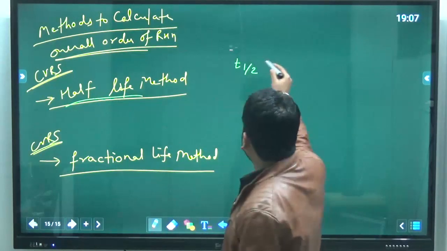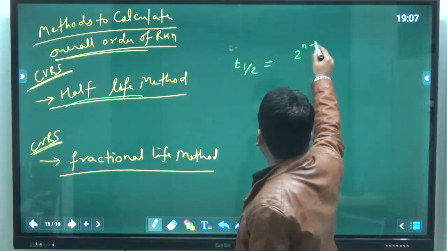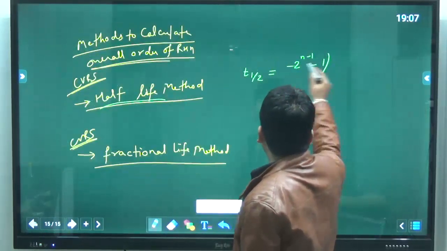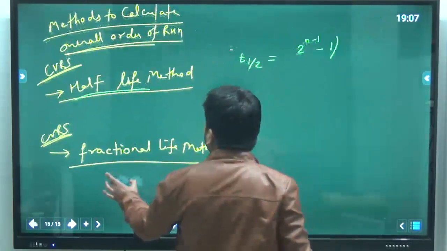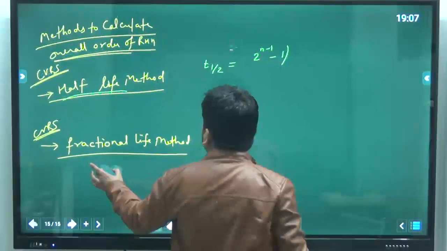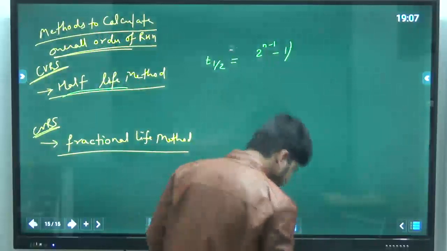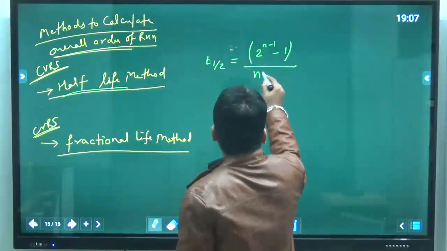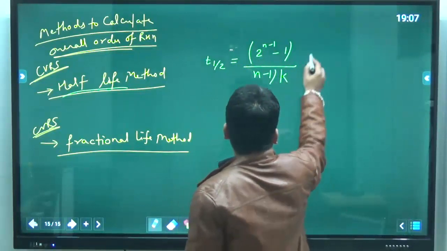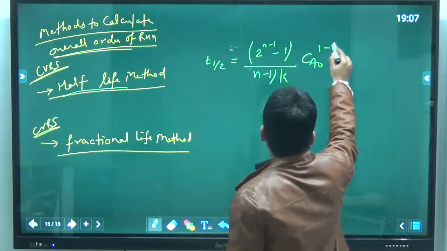So T half will be equal to 2 to the power n minus 1 over n minus 1 k into Ca naught power 1 minus n.